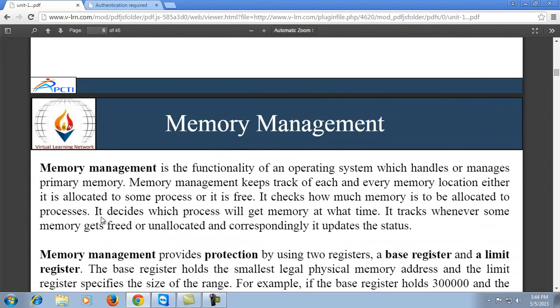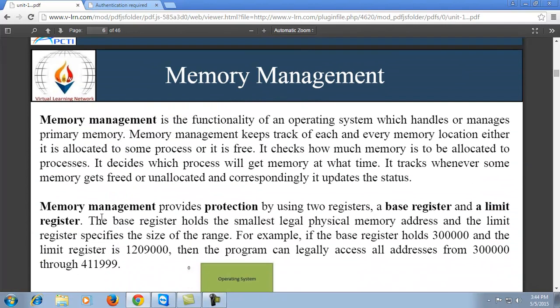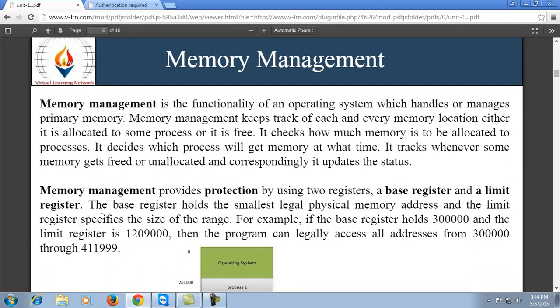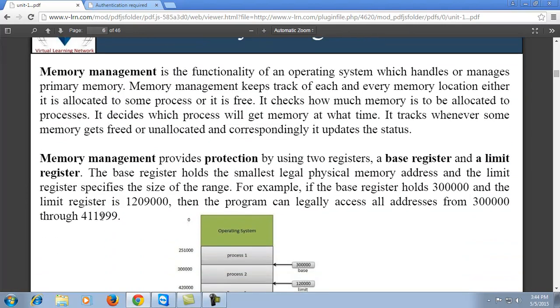Now start with the management of memory. Memory management is the functionality of an operating system which handles or manages primary memory. Memory management keeps track of each and every memory location, whether it is allocated to some process or it is free.